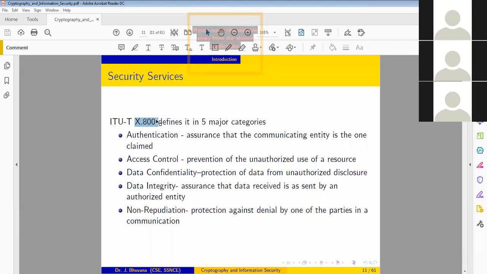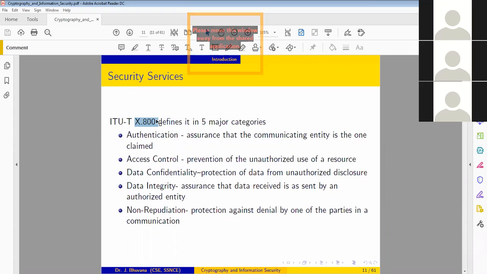So what is authentication? That is not a new term to us, right? This particular term tells us, if I'm communicating with someone, I mean, I'm sending some message through my system to some other system in the network, I need to know who is at the other end.